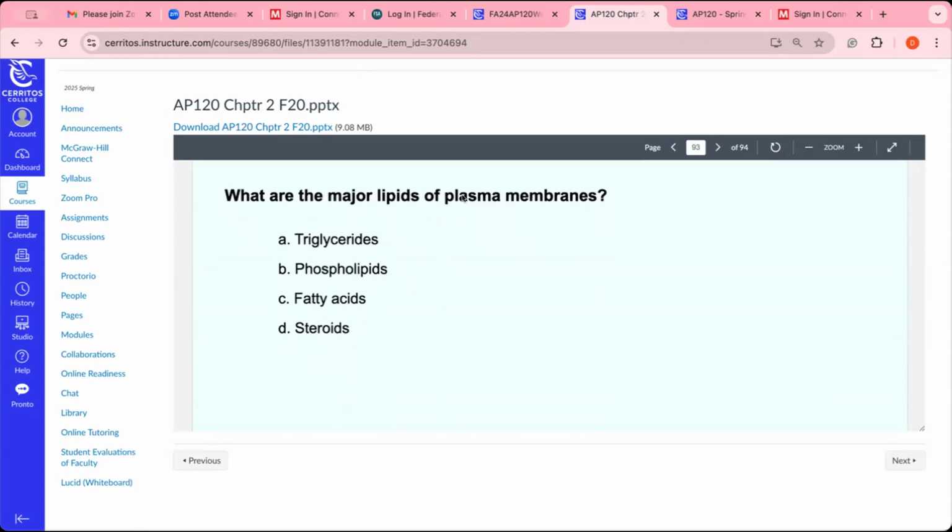What are the major lipids of plasma membranes? In other words, what are they made from? Triglycerides, phospholipids, fatty acids, or steroids? Major lipids of plasma membranes.